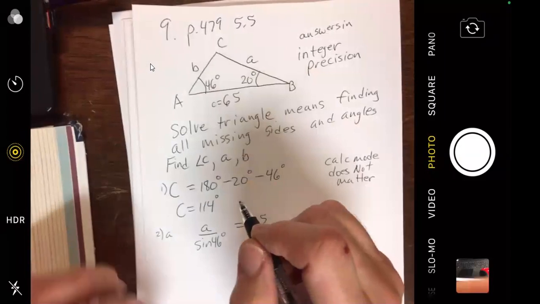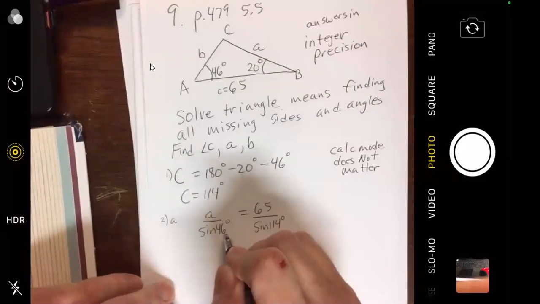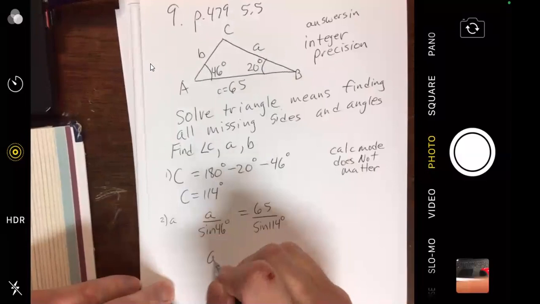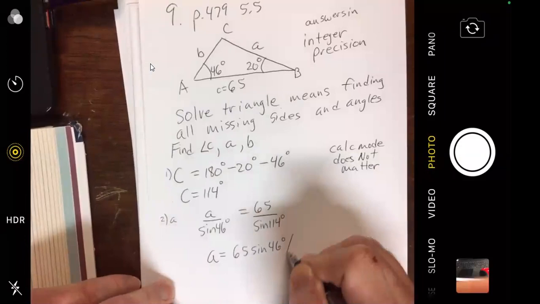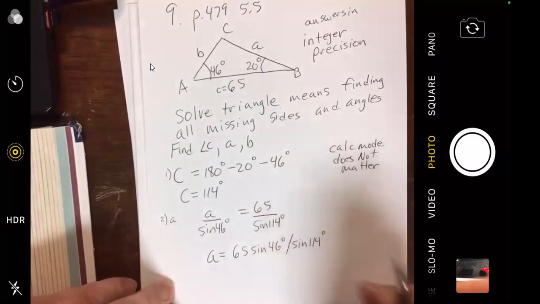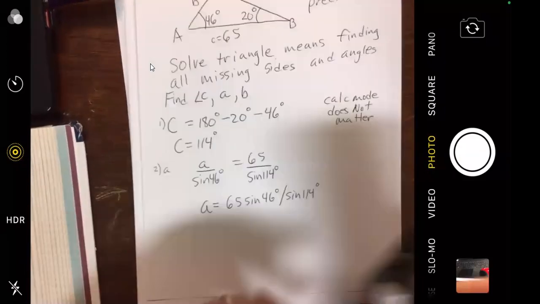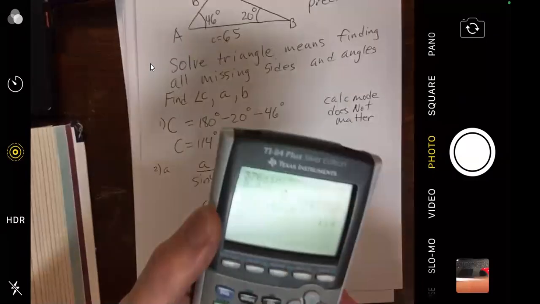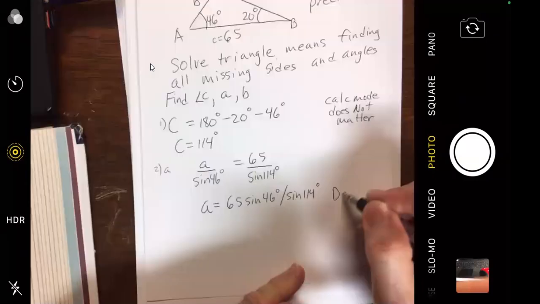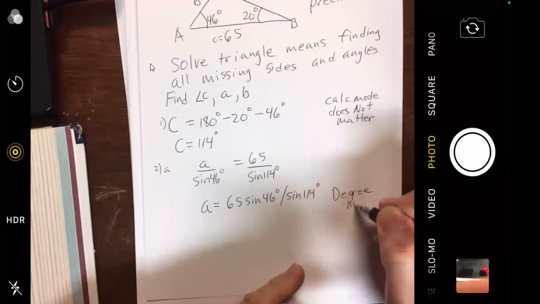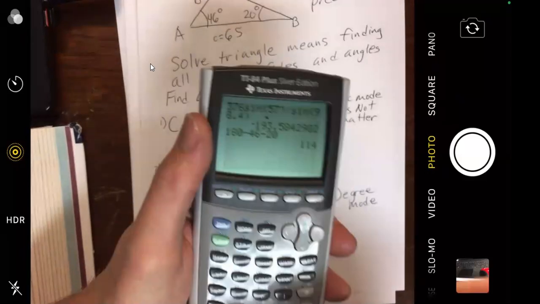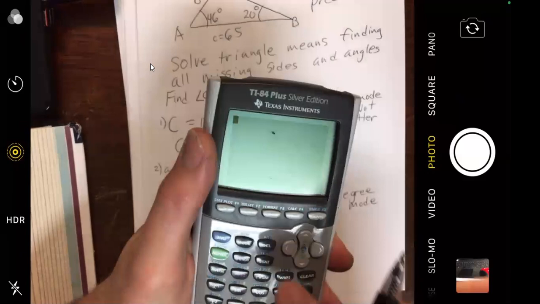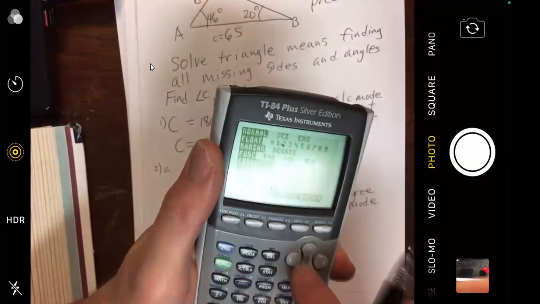And you see all I've got to do is multiply by sine of 46 to clear the fraction here. And I'll have A by itself equals 65 sine 46 divided by sine 114 degrees. Don't really need any parentheses or anything. And now you've got to be in degree mode. Nope, I'm in radian mode.